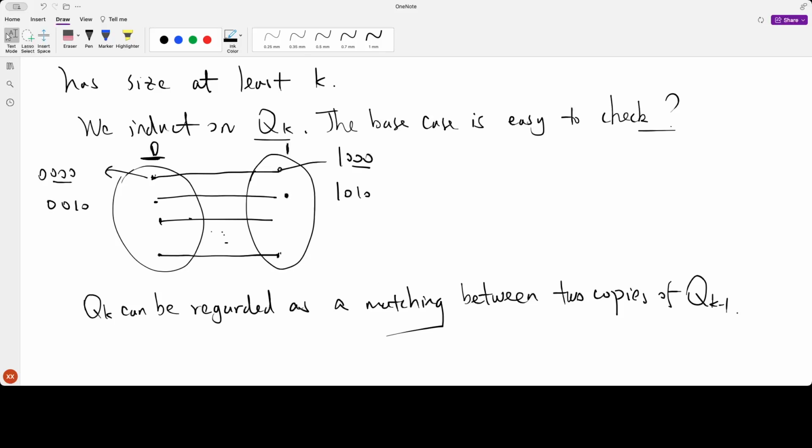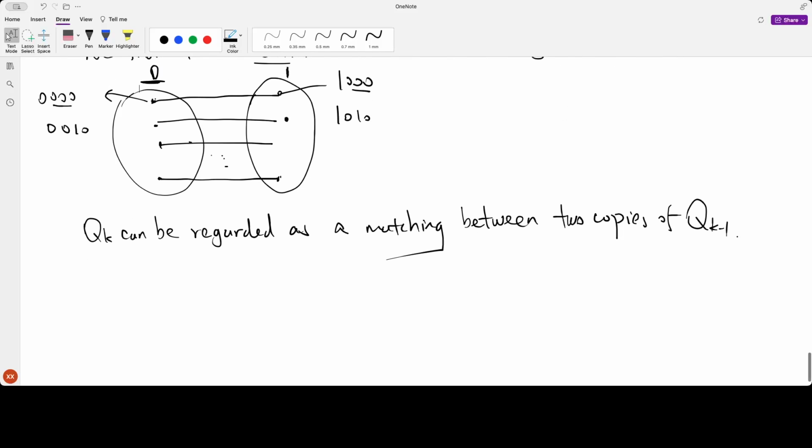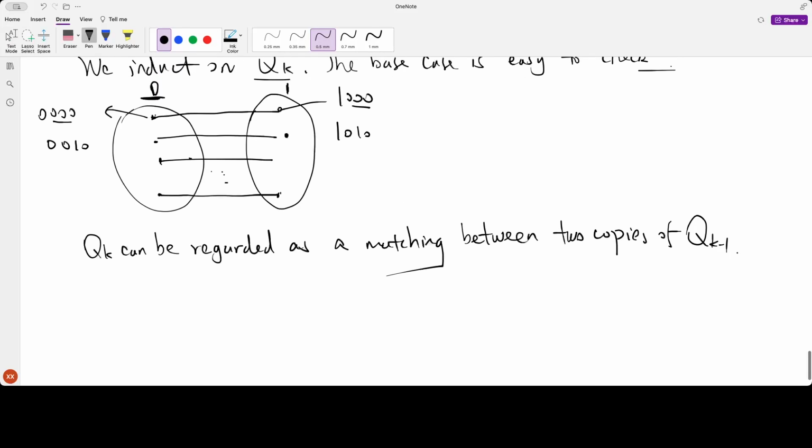Okay, now suppose S is any vertex cut. Let's look at this picture. Sorry, sometimes I make this slip, so I should say vertex cut.